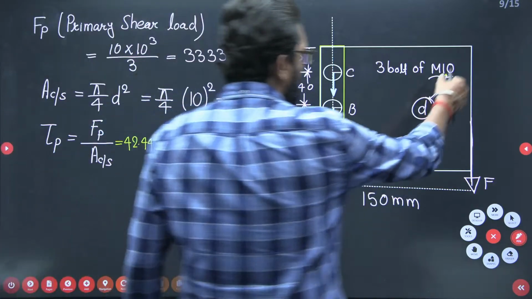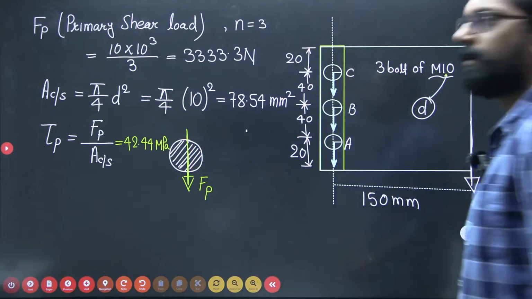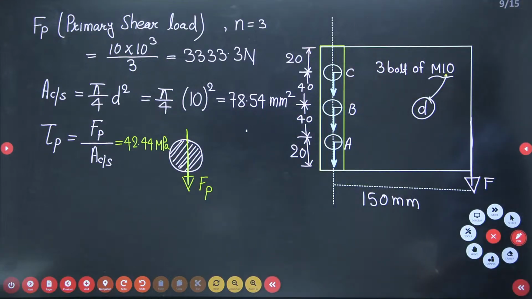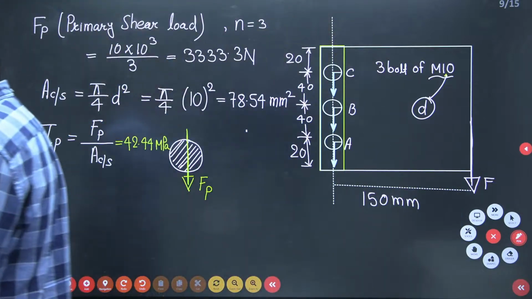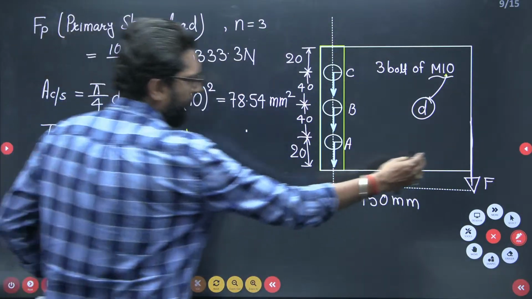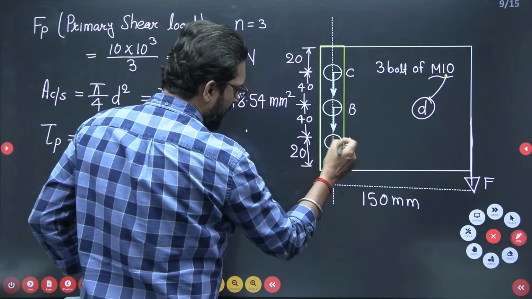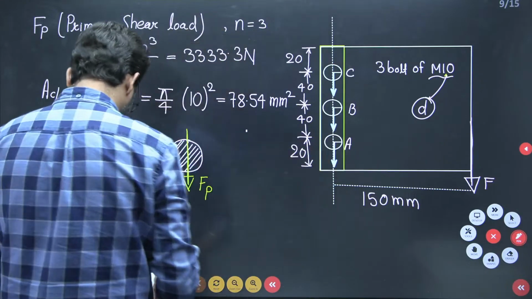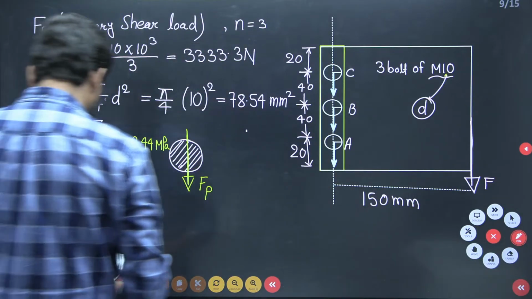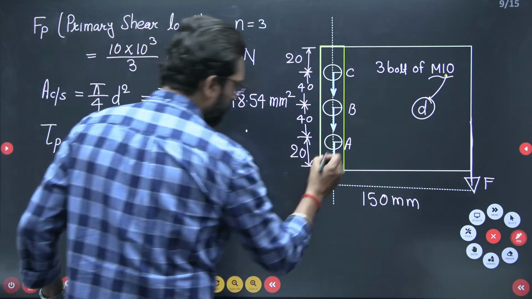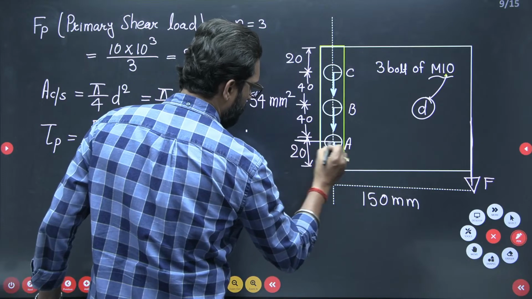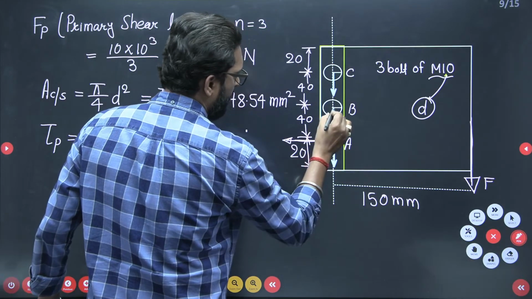If we apply this load downward, this bolt tries to pull in this direction, and here there is no effect.